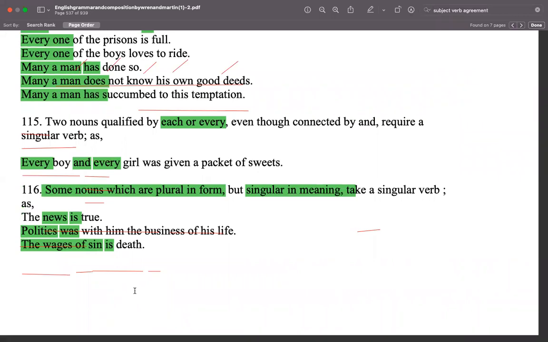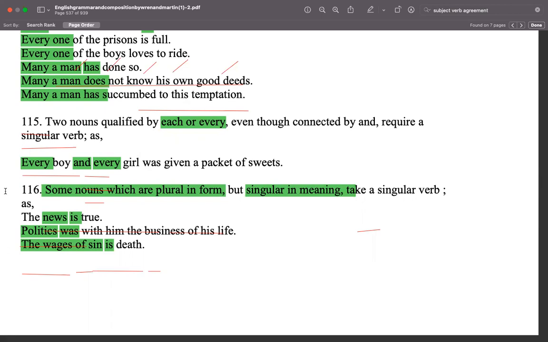Next one: some nouns which are plural in form but singular in meaning take a singular verb. We know that in nouns, we find nouns used in the plural form. How do you know that it is plural form? When S or ES is used after that noun, like boy becomes boys, which is a plural. So we always consider that it's a plural form.